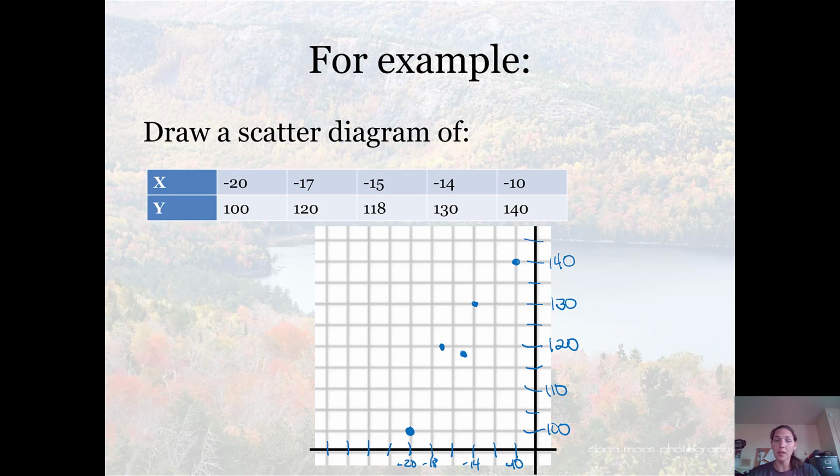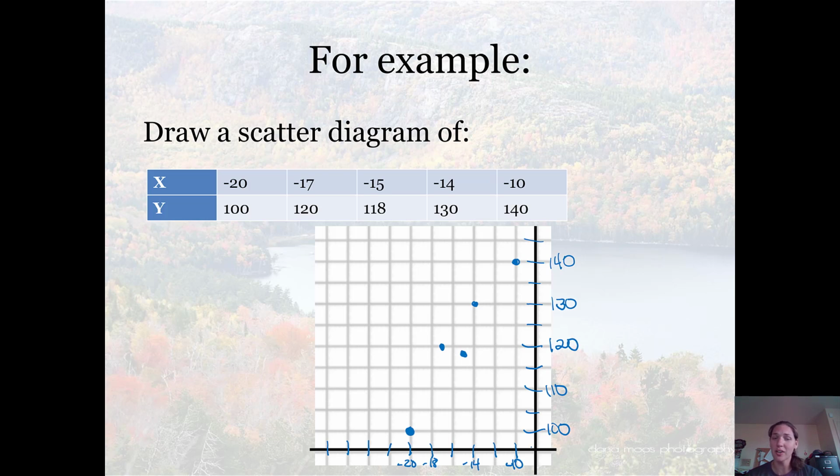Same thing with the x. If it's 2 everywhere, you want to make sure it's 2 everywhere. So you want to scale that first before you do your points. If you make each hash mark one of your x's, it won't look the same. It won't look correct, because we need to make sure that each scale is a proper number line, essentially. So make sure that you're paying attention to that.